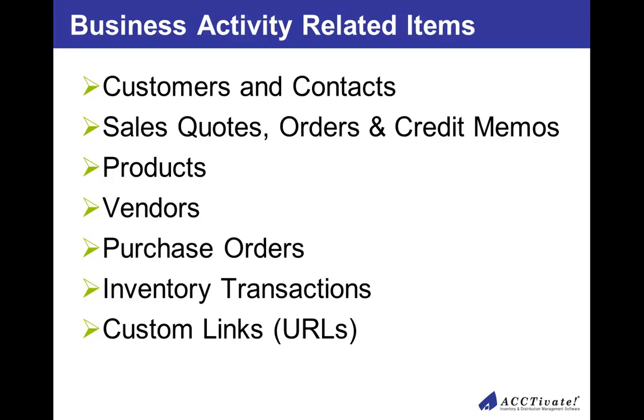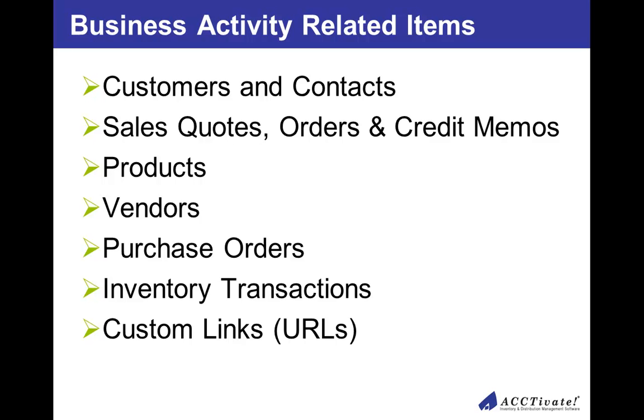So if you're trying to track shipment status on one order, you could create a business activity from the customer and then go ahead and link in the sales order or even multiple sales orders that they're asking about. And of course, I've listed items that you can link, such as products, vendors, POs, and even inventory transactions, such as a transfer or an inventory receipt.